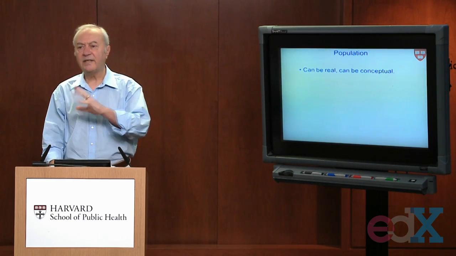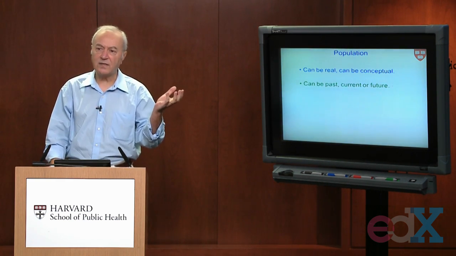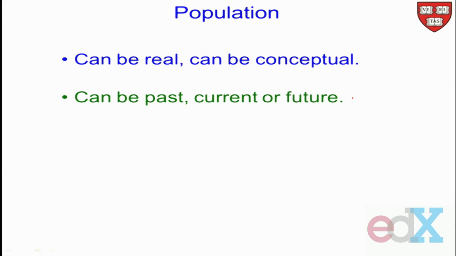So it can be real, it can be conceptual, it can be past, it can be current, it can be future. It can be the past, what happened in the 1917, 1918 flu epidemic? It can be current, or it can be future, as I said, all future patients who will have diabetes, all future patients who will have cancer.